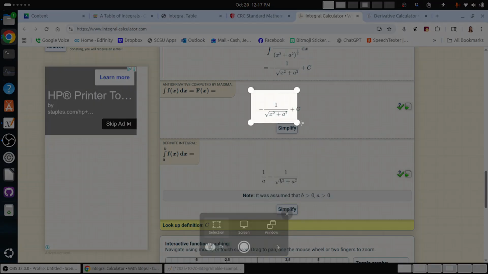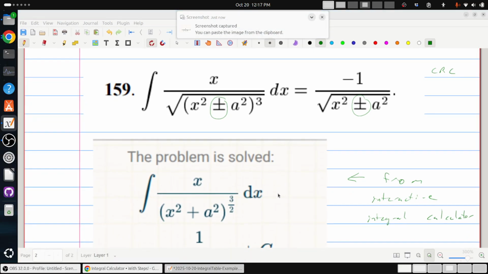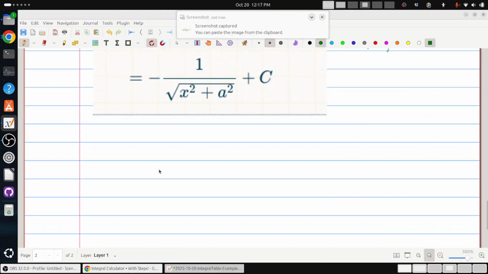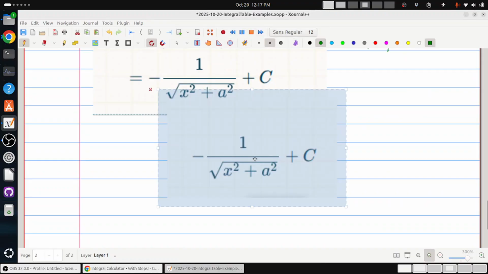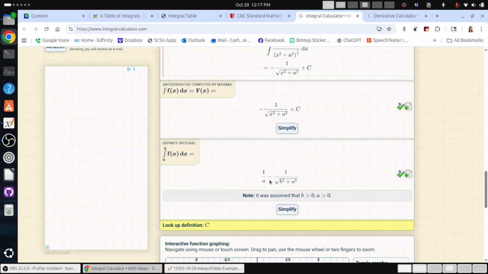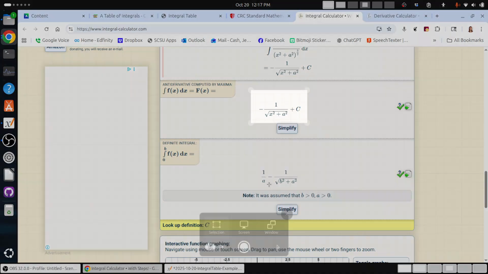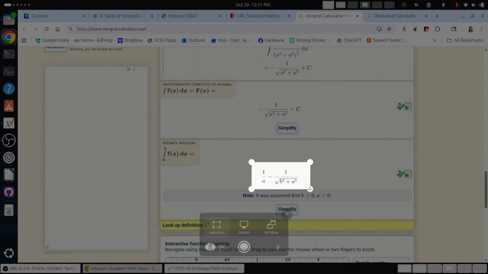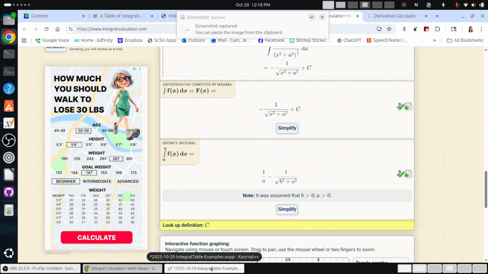So we could grab that and come back here and use this as our form.